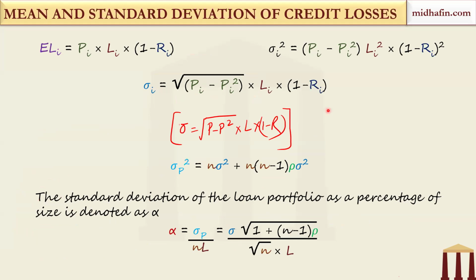That's the parameter banks use to assess the standard deviation with respect to the total loan. Basically, it signifies the variance of the portfolio per unit of dollars of the total loan size. Got it? Sigma p divided by NL, that is alpha.